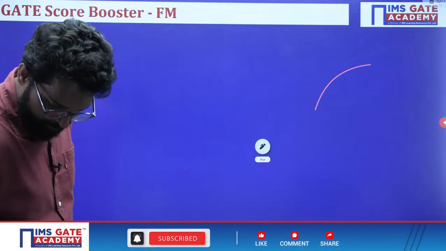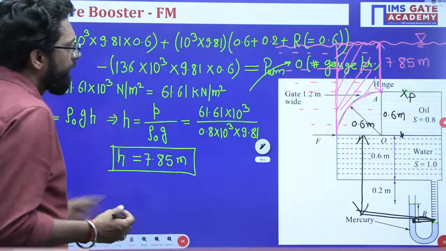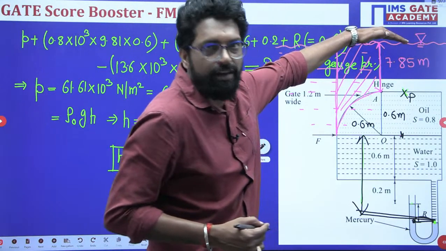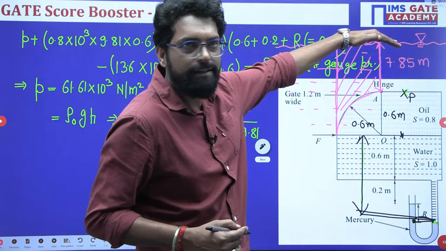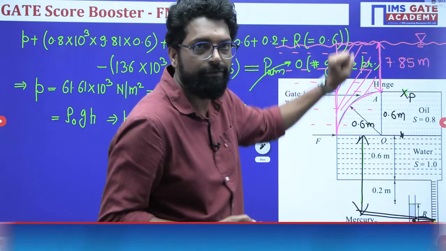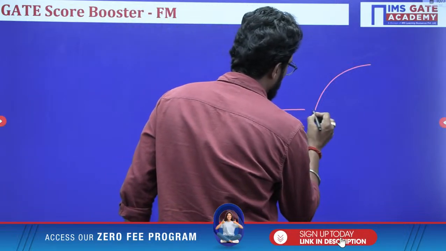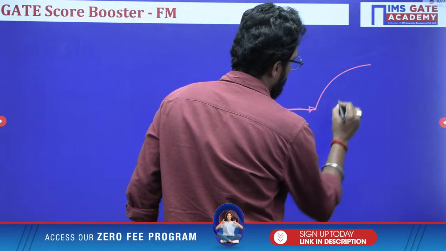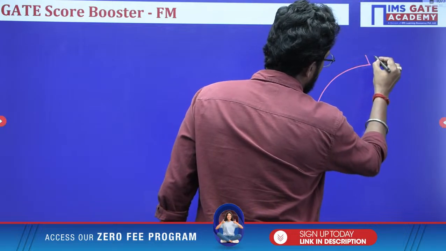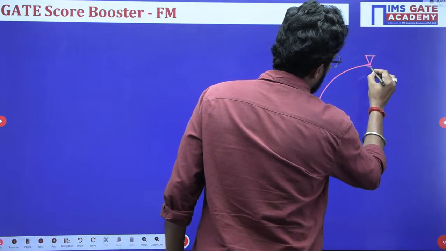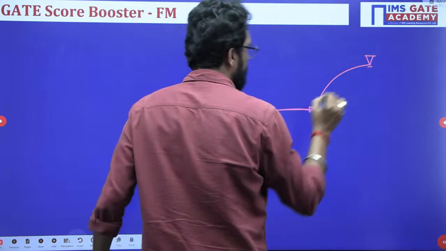So we have to find the free surface. Now the calculation-wise it is the same. Now, my dear, there is a force F here, and there is a hinge here. This is your hinge.